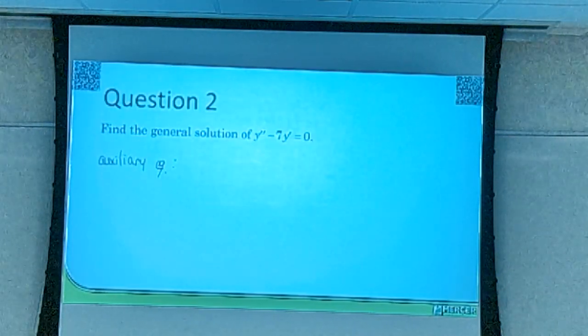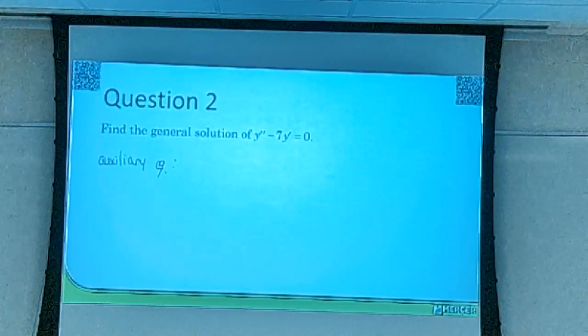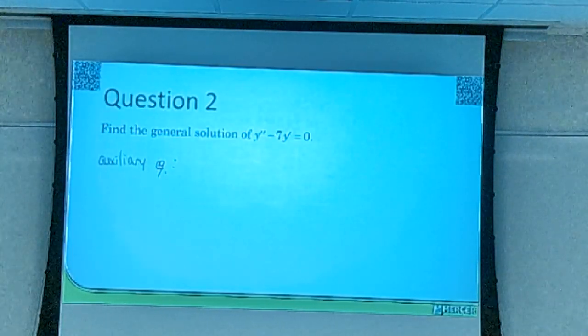First, set up the auxiliary. What's the auxiliary equation for this one?